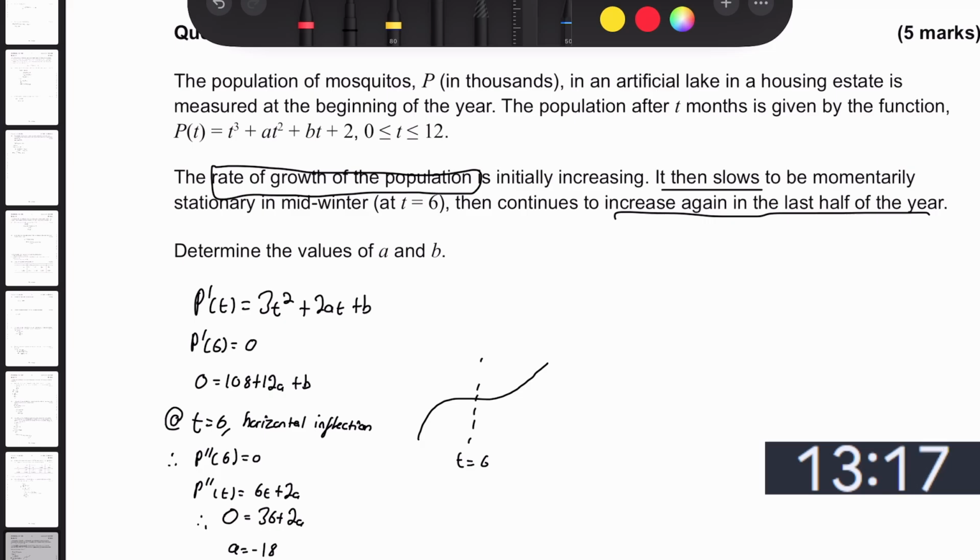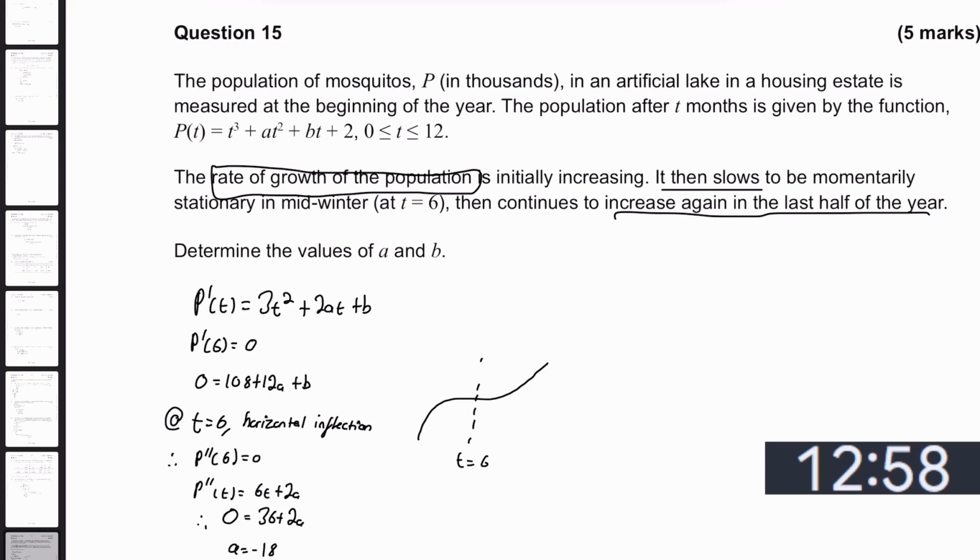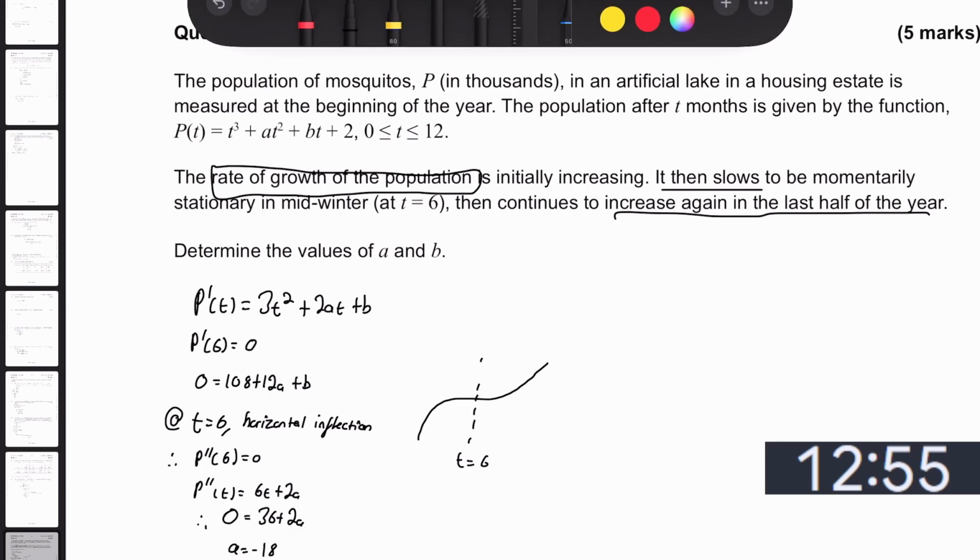So x to the power of 3 plus negative 18x squared plus 108x plus 2. Rate of growth of the population is initially increasing, but then slows to be momentarily stationary in winter, t equals 6.